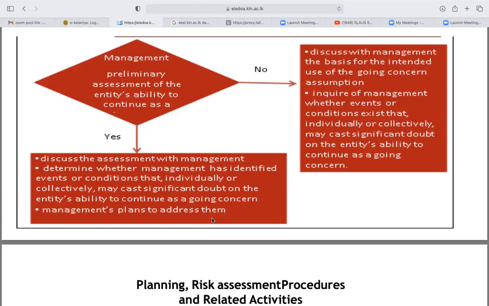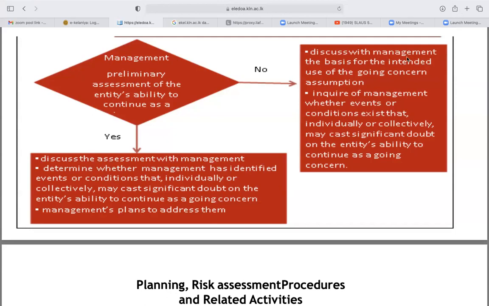In this Bogle case, if there's any environmental impact after 10 years, and if management have some kind of plans to address those issues, then it is okay that we can say this company is going for the foreseeable future, right? Foreseeable future. So if management, based on their preliminary assessment, said that the company can't go for the foreseeable future, then what do we need to do?